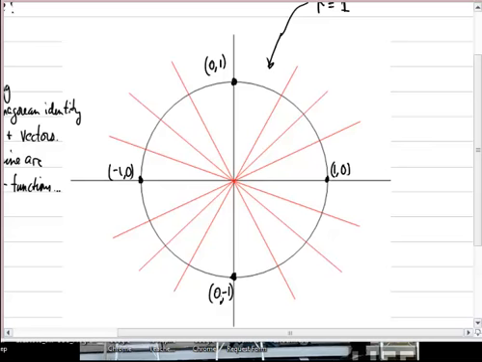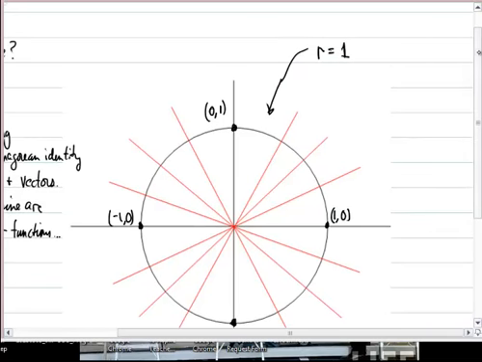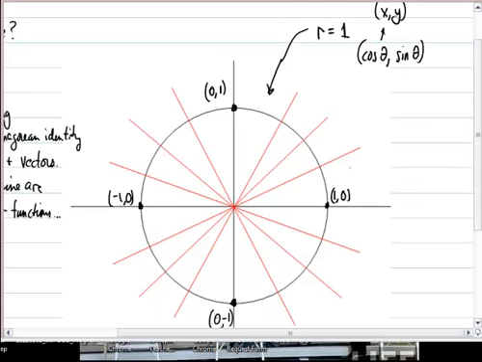With this being said, it's important to note that the coordinates have a certain makeup. The x-coordinate is the cosine of the angle theta, and the y value is the sine of the angle theta. If you look at your chart from before, you would notice that the cosine of 0 degrees is 1 and the sine of 0 degrees is 0.